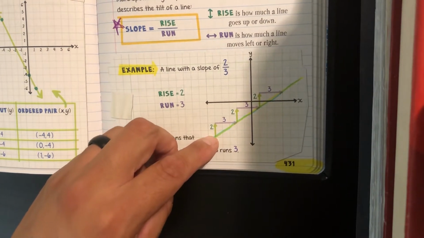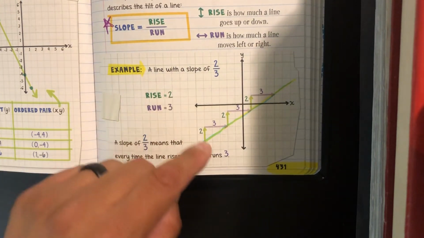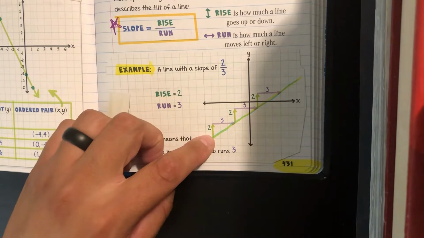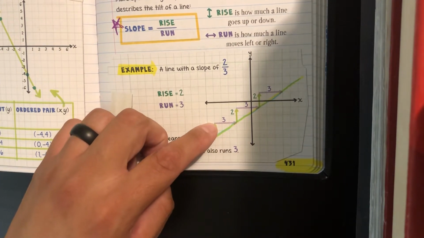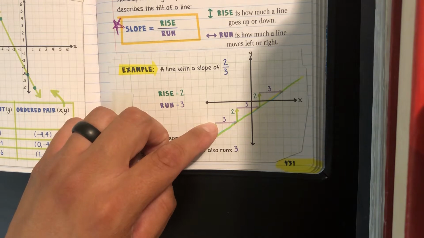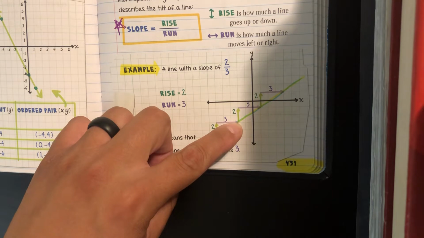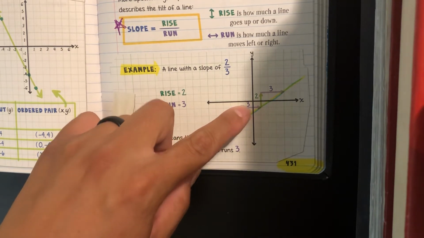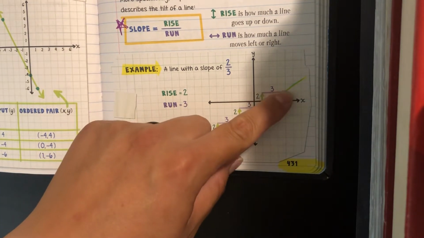And each of those corners of the box, it meets at the slope of 2/3. So it meets at that corner, and then if you go up one box, 2 boxes, and then go to the right 3 boxes, 1, 2, 3, it meets. Do that again, go up 1, 2, over 3, 1, 2, 3, up 2, over 3.